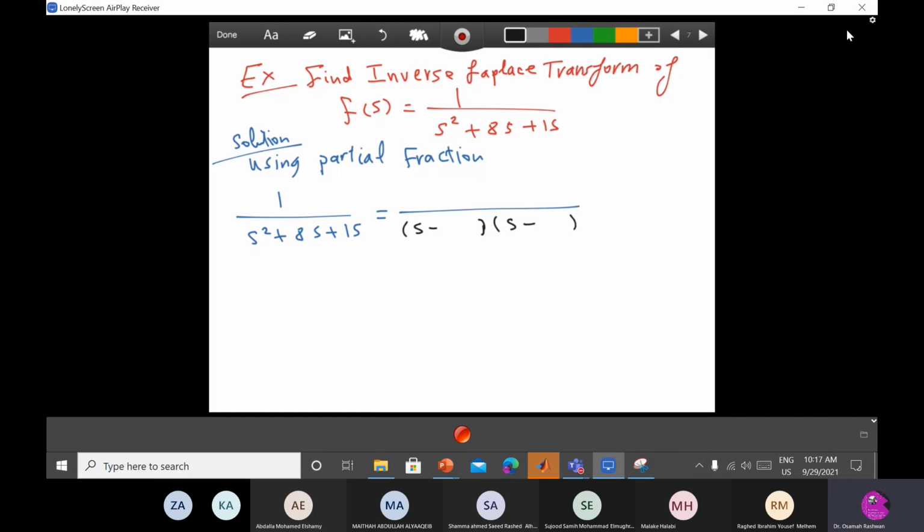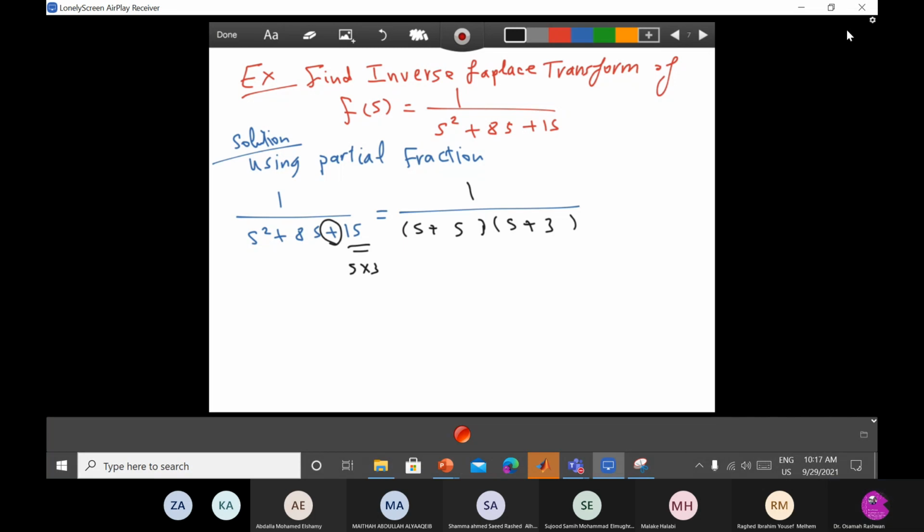But I know 15, I can write it as 5 times 3, and I have positive, so both will be positive. And the 15 is 5 times 3, and I will have 8. This is a point.